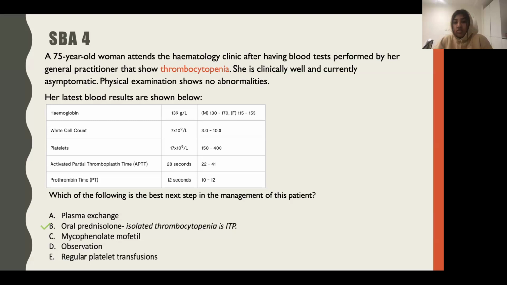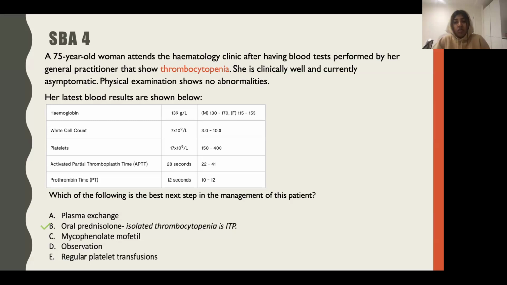If you go through her test results, first of all, clinically she's fine. She's not having any symptoms. She's got this thrombocytopenia. Her hemoglobin is normal, white cell count normal, APTT normal, prothrombin time normal. So everything is normal. So just an isolated thrombocytopenia, in a woman especially, is likely to be ITP.